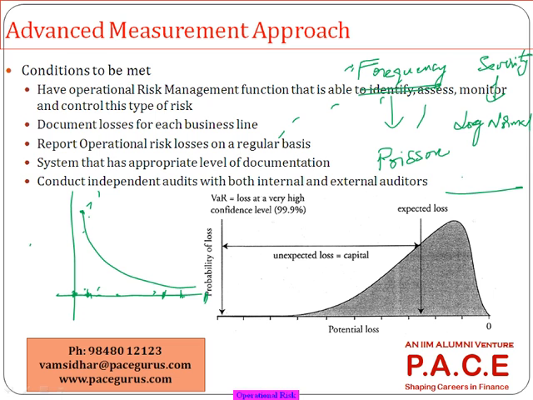The log normal distribution is more skewed towards the right. So there could be one or two losses which are sizably high. That is where the severity generally gets modeled as a log normal distribution.